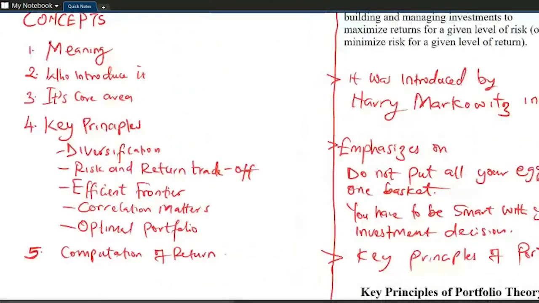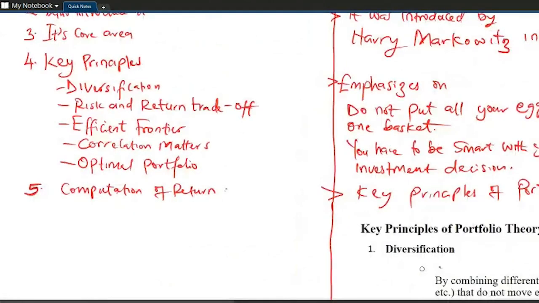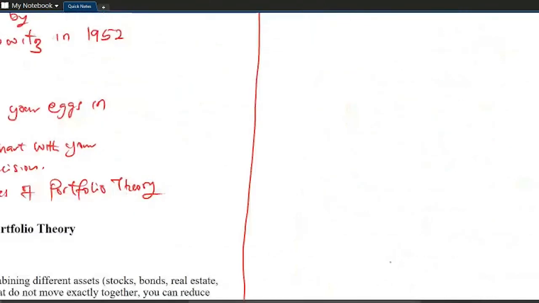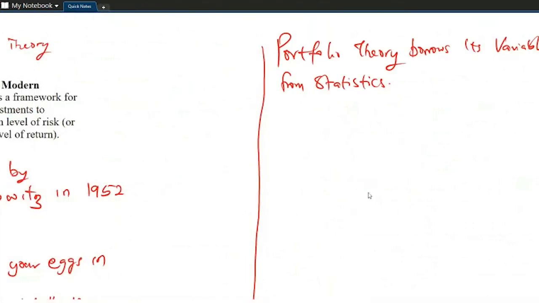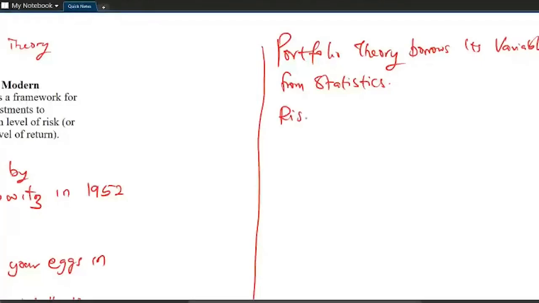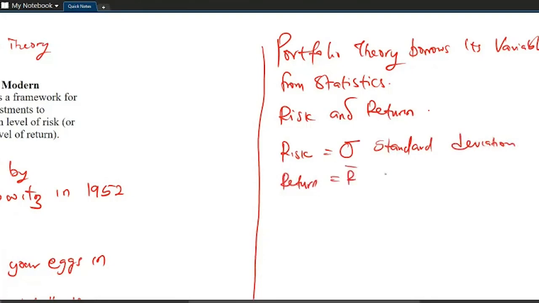The next concept is examining returns. Before we go into examination of returns, we need to know that portfolio theory borrows its techniques from statistics, which means since it evaluates the relationship between risk and return, we'll be dealing with risk as standard deviation and return as mean, which is average.